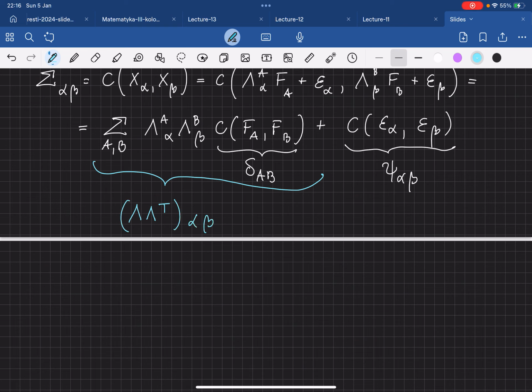Therefore, the matrix sigma can be composed from lambda lambda transposed plus psi, and this comes from errors, and in the ideal situation this matrix should be diagonal.